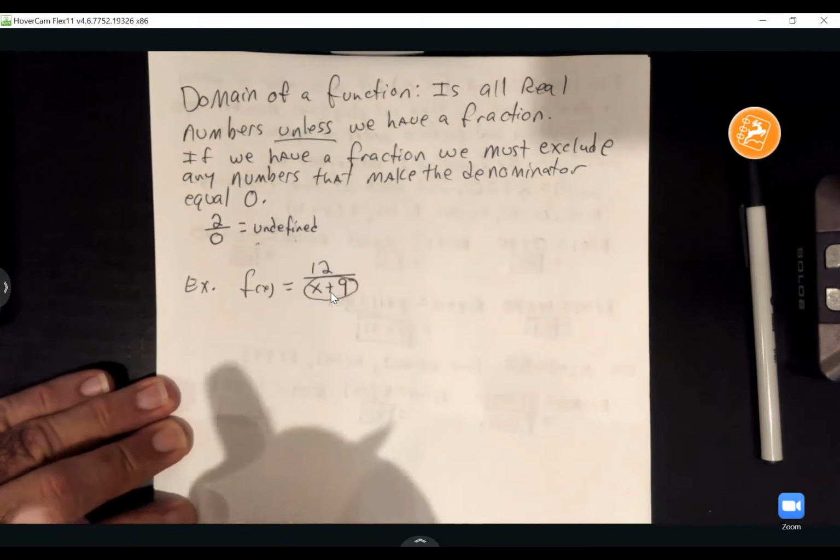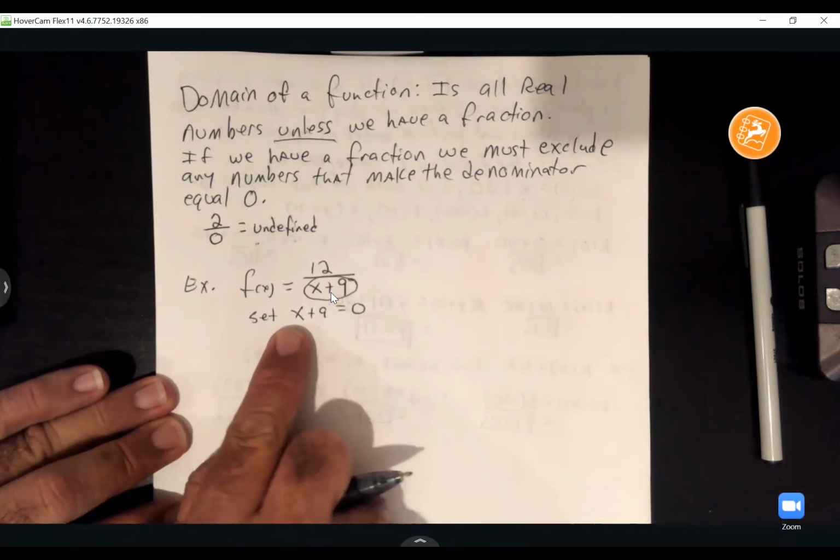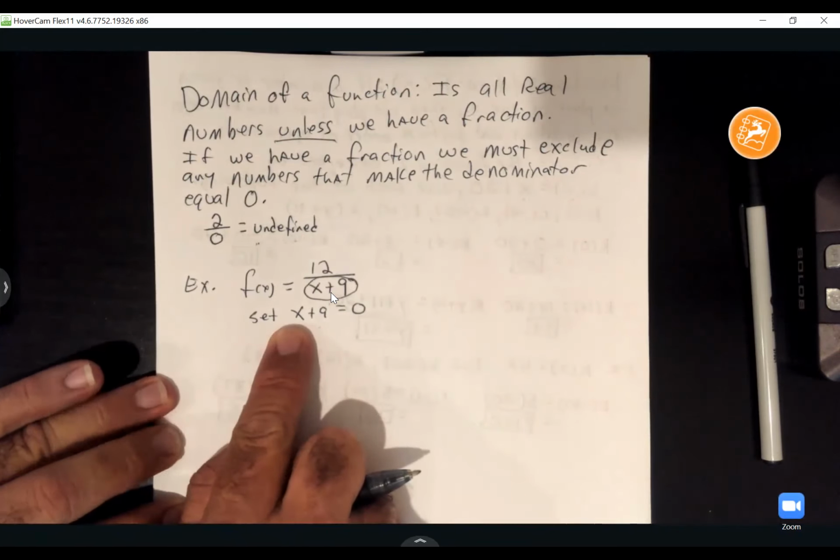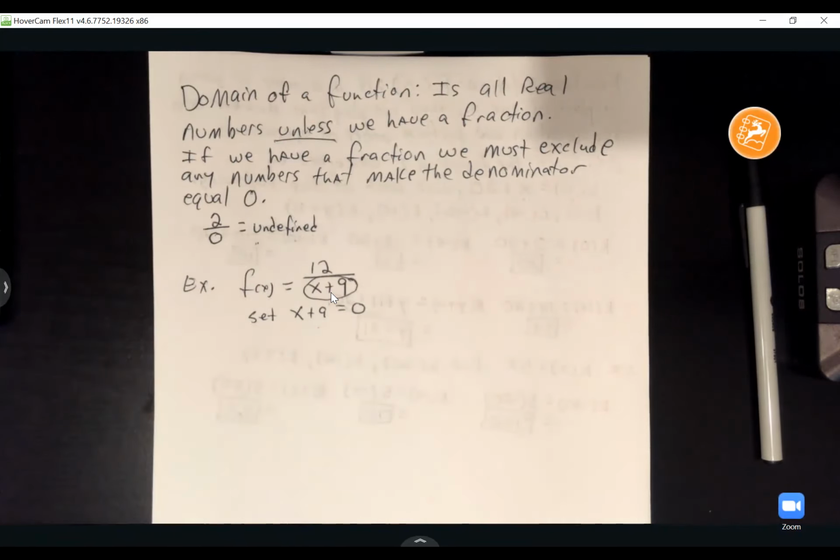So to find what numbers make that happen, I'm going to set x plus 9 equal to 0. Whatever answer I get when I solve that, we're going to kick it out of our domain. So y'all, one move, get that x by itself.